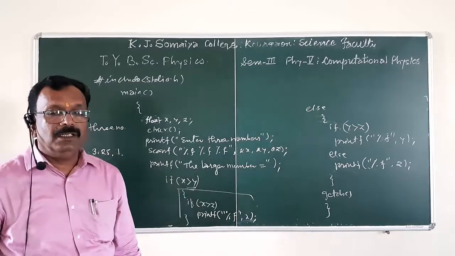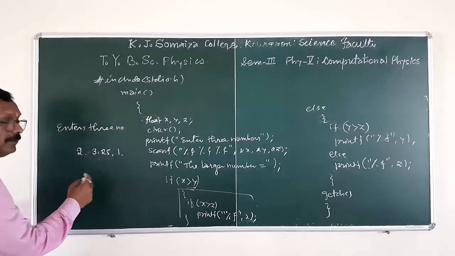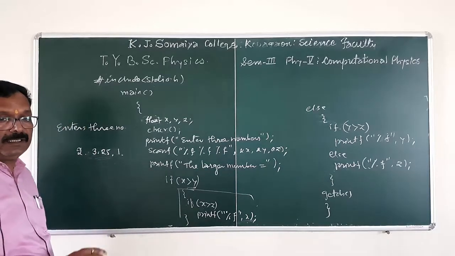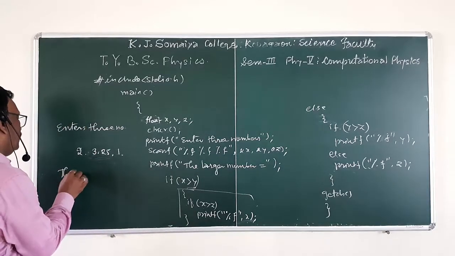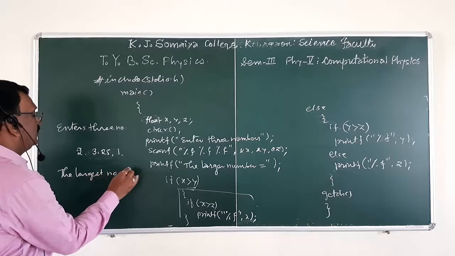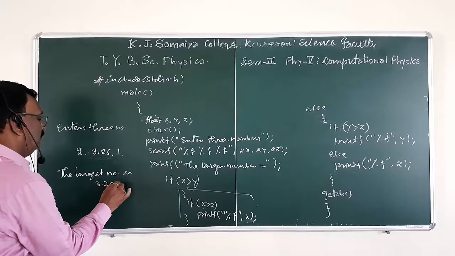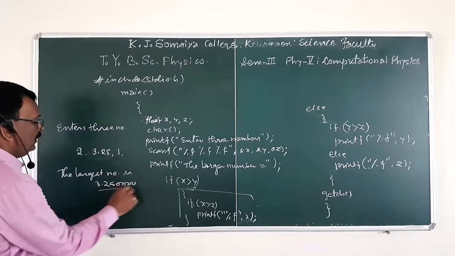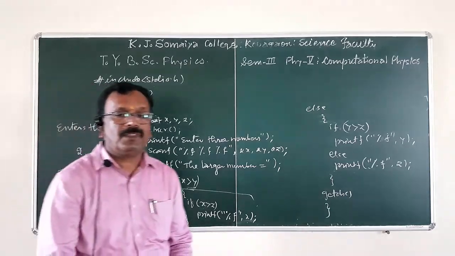We enter all these numbers. Then immediately we get the message on the screen, the largest number is 3.25000. This is the output of the program.